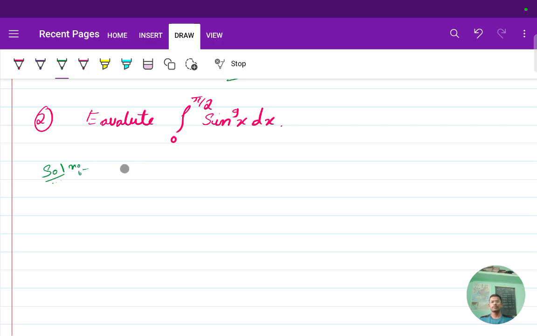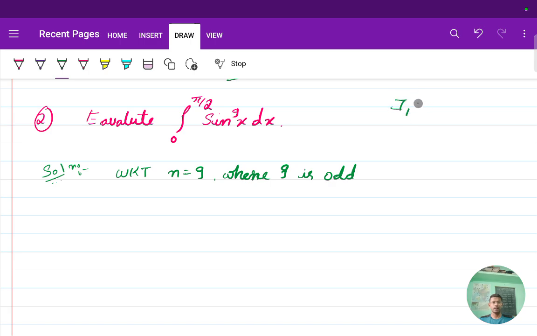Solution: we already know that the value of n is 9, where 9 is odd.